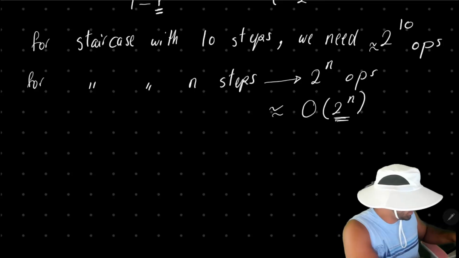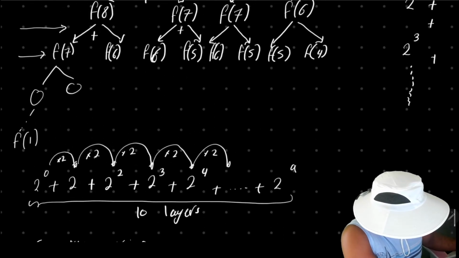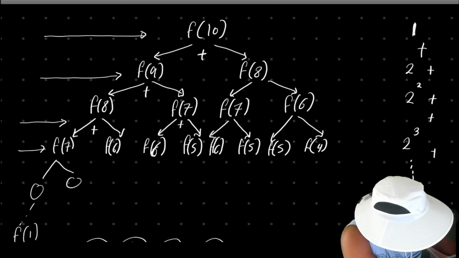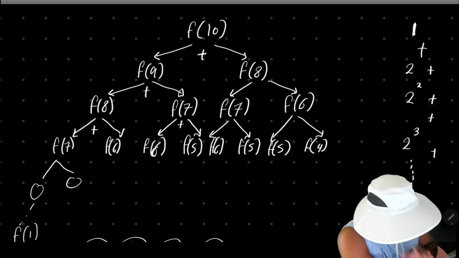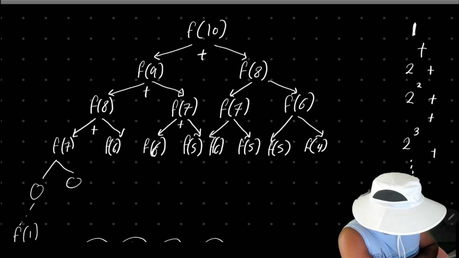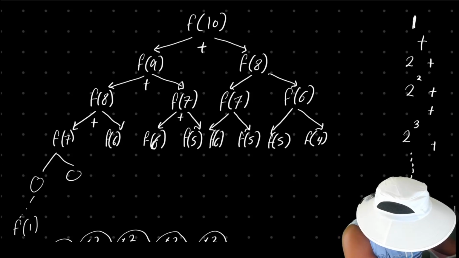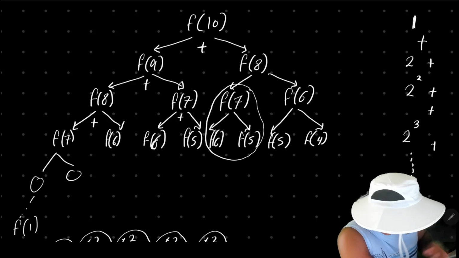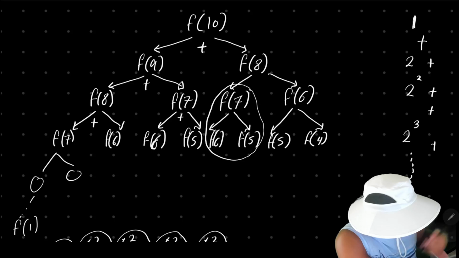This is not good. Let's recap what the problem is here. The problem is we're redoing the same computations over and over, so many times. Lots of overlapping problems. It would be really nice if, for example, f of 7, I only do it once. Wouldn't that be great? Get f of 7 once, cache it somewhere, then look it up and reuse the answer.